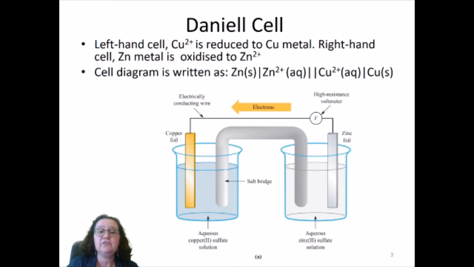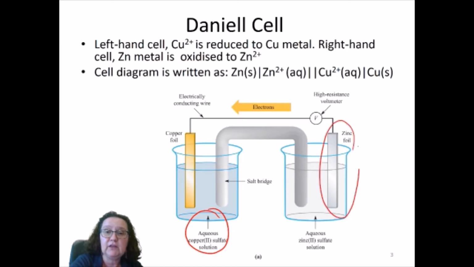On the left-hand side, you have the copper ions in solution, which are reduced to copper metal. On the right-hand side, you've got the zinc metal, which is oxidized to zinc 2+. When we write this in a summarized form, we express it like this.